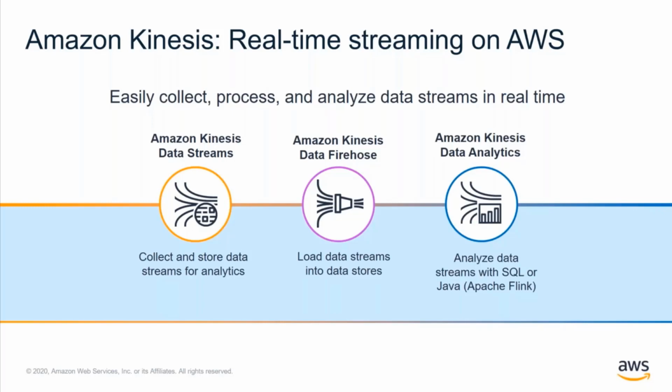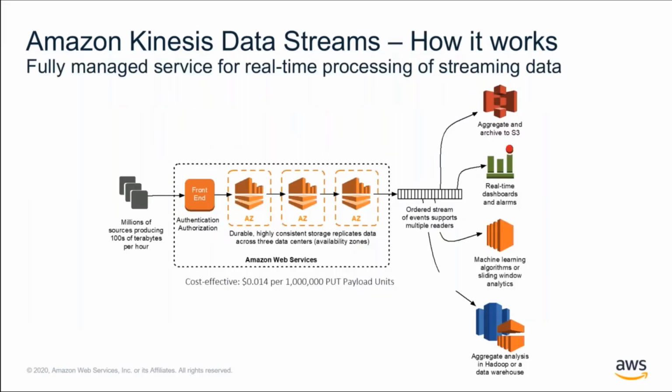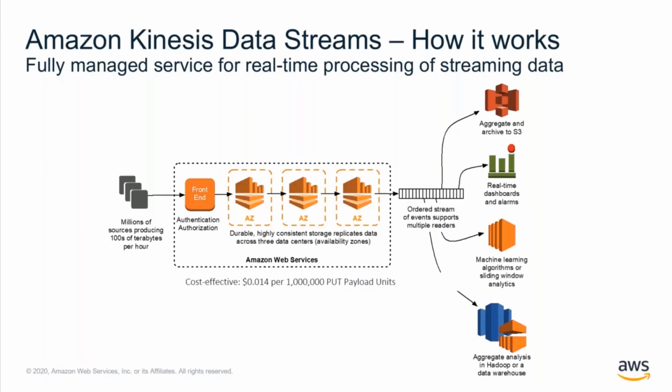Here you are able to use either SQL-based code or Java-based code to run analytics on top of the data that is being collected and stored in Kinesis Data Streams. One of the core requirements of a streaming storage platform is to ensure that it provides high durability and highly consistent storage for your applications.